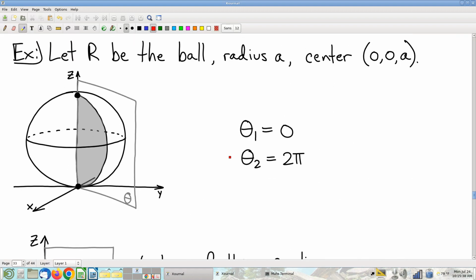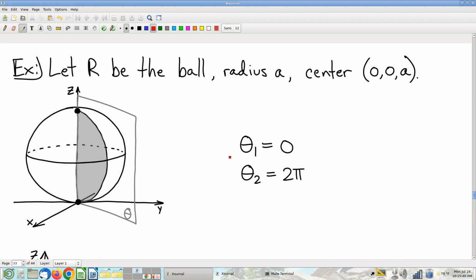Okay, example. So suppose our domain is a ball, but kind of sitting on top of the xy-plane at the origin, if you will. So centered up here on the z-axis and with the same radius. Okay, well, theta slices look like this.